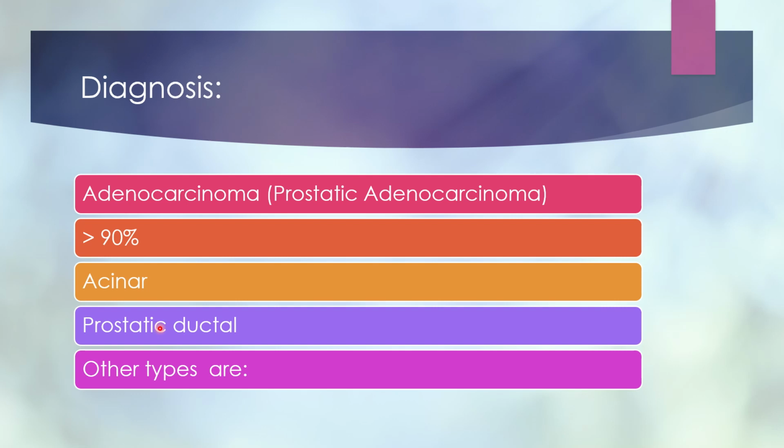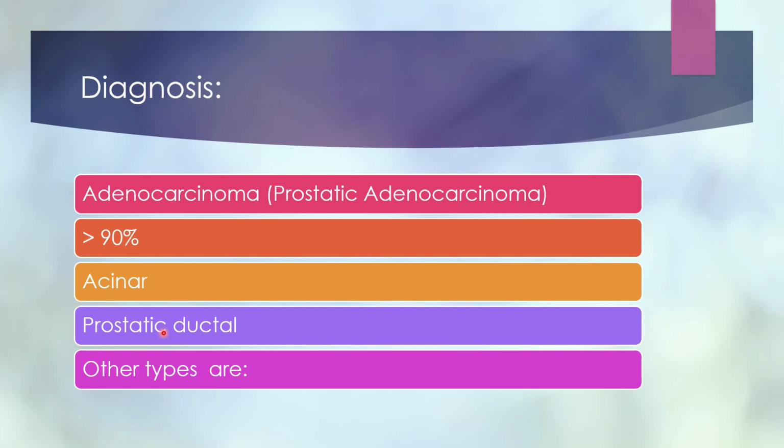Prostatic ductal adenocarcinoma may not give you a high level of PSA. So, as I've said repeatedly, if you don't have a high level of PSA, don't tell the patient, or you, the patient, don't go and be pumping champagne.